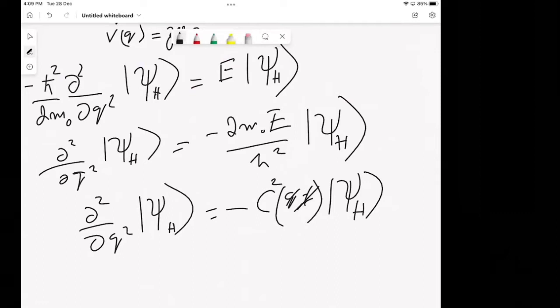So the solution will become, or you may say that this is a k.